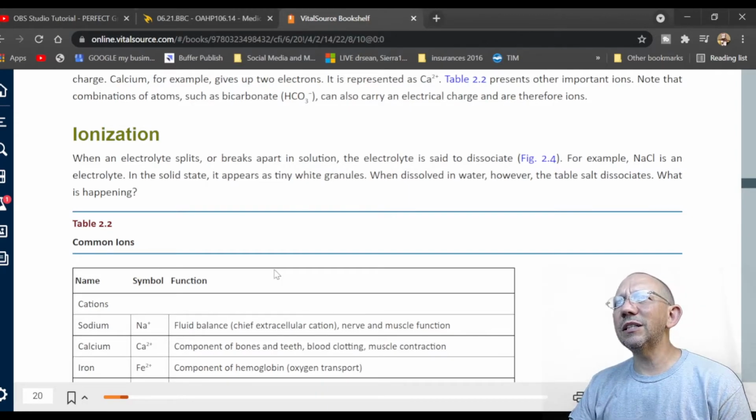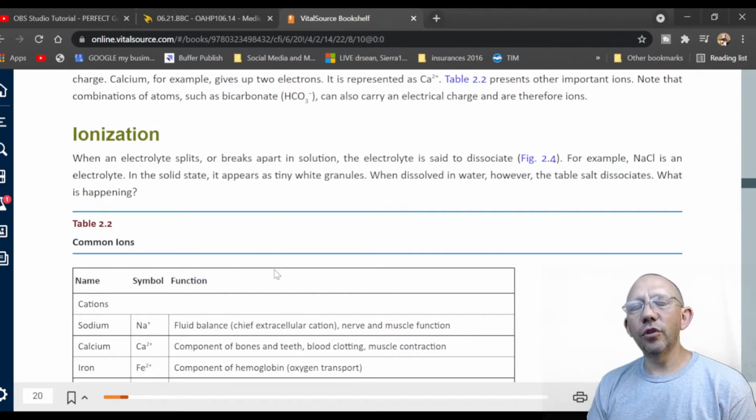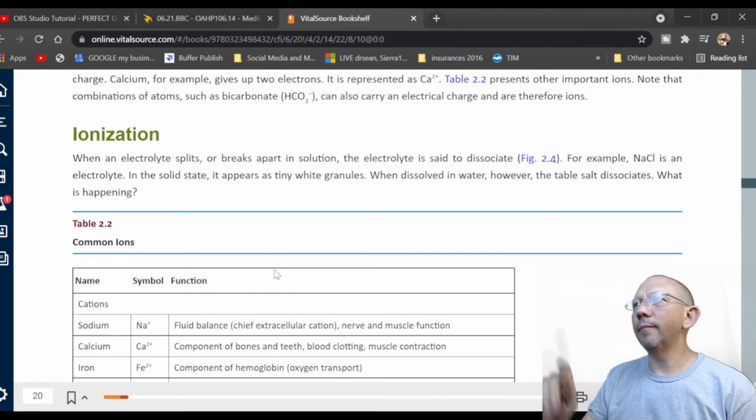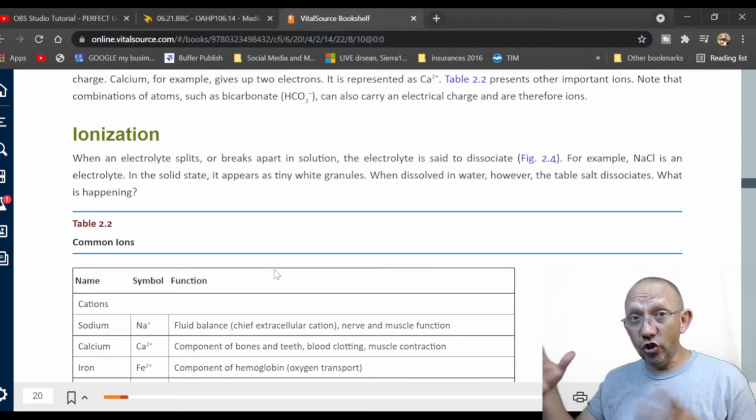Ionization. When an electrolyte splits or breaks apart in solution, like water, the electrolyte is said to dissociate. For example, sodium chloride, NaCl, sodium natrium chloride. Natrium is the old word for sodium. It is an electrolyte. In the solid state, it appears as tiny white granules, though it can be in big chunks.